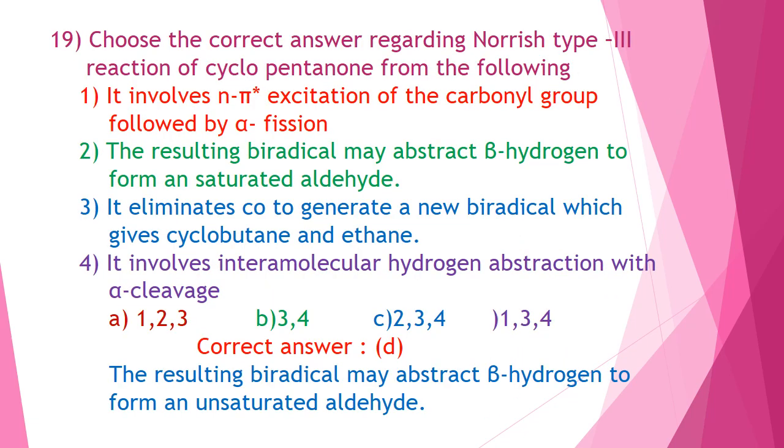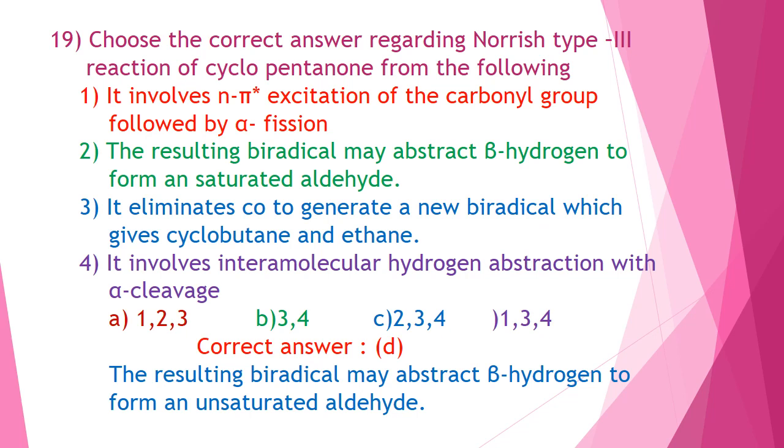Question number 19. Choose the correct answer regarding Norrish type 3 reaction of cyclopentanone from the following. Here we have to choose the correct answer. Point number 1: it involves n to pi star excitation of the carbonyl group followed by alpha fission. It is correct. 2.